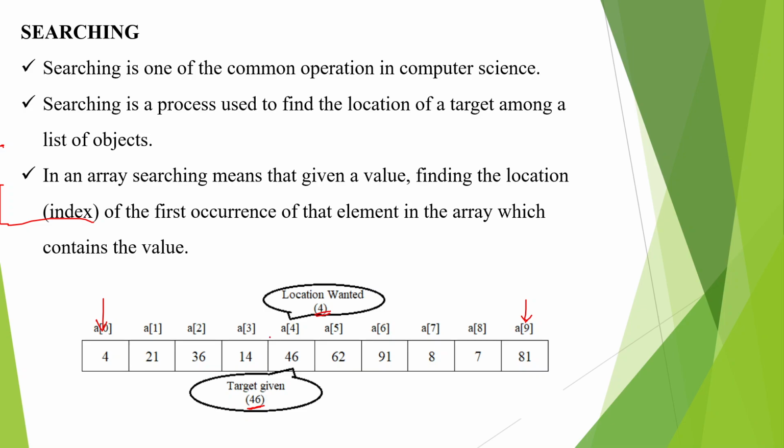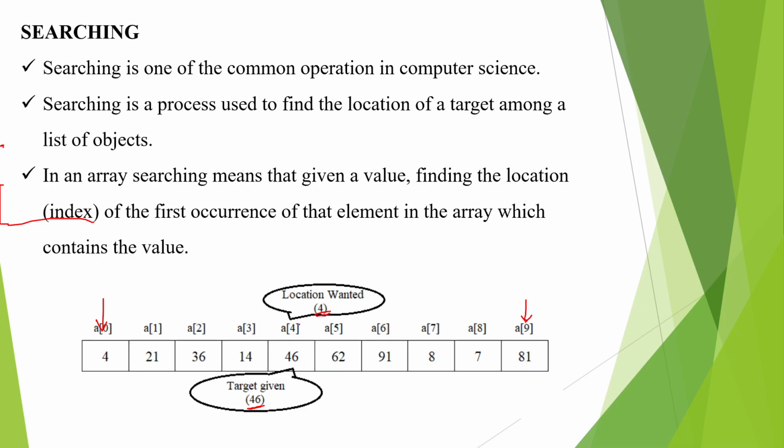When they ask us to search for item 46 in the given list of elements, we return the index where that element is located. This is the 0th index, first index, second index, third index, fourth index. As 46 is located at the fourth index, we return the index value 4.